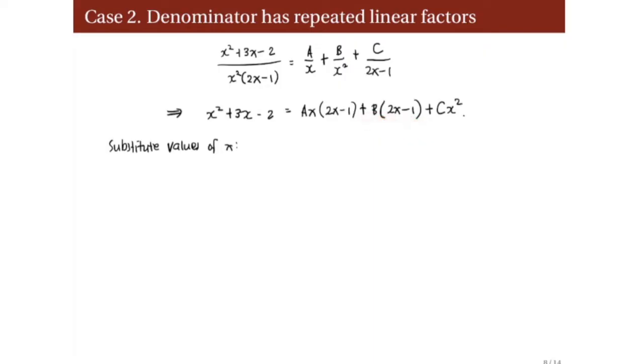So, if we let x equal 0, yung left-hand side natin would be negative 2. Tapos, yung right-hand side natin would be 0 plus b times negative 1 plus 0. So, this implies here na negative 2 is equal to negative b. So, yung b natin would be equal now to 2.